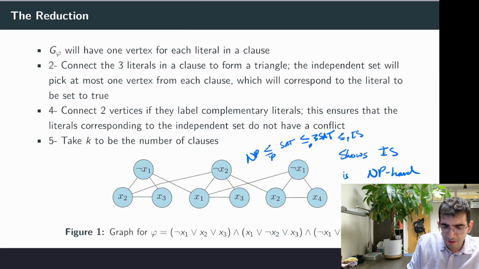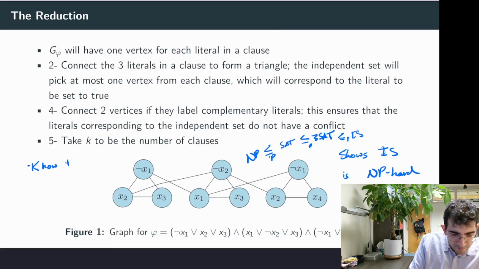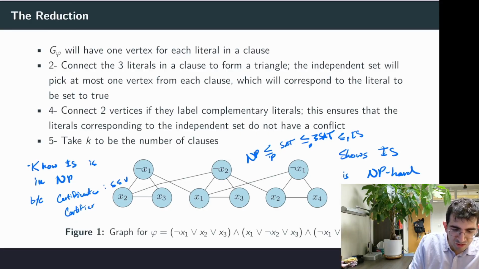So we know it's NP hard, and we know independent set is in NP because the certificate could be simply a subset of vertices, and the certifier is simply the check to make sure there are no edges between those vertices. So we know it's in NP, we know it's NP hard, and therefore what is independent set? Independent set is NP complete.